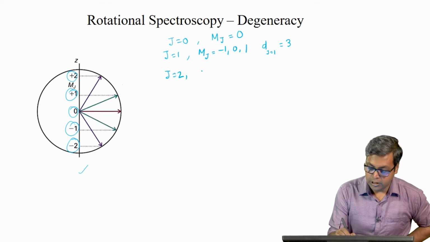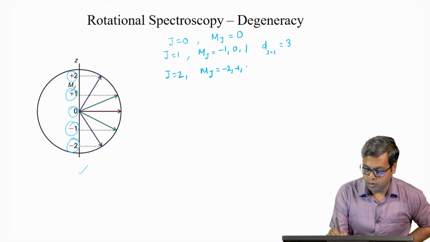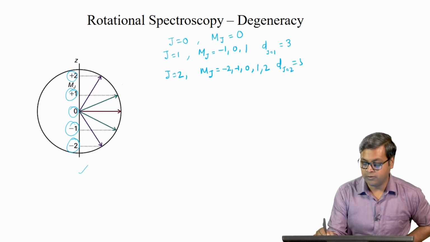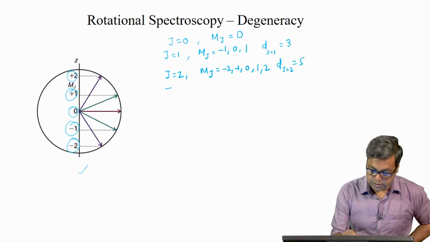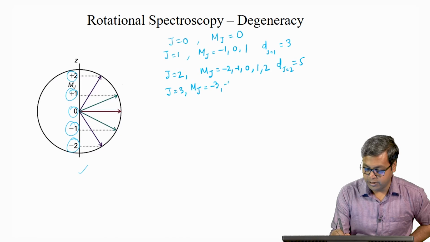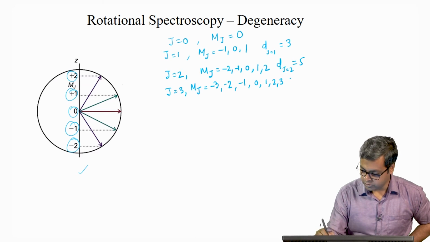For j equals 2, m_j can take values -2, -1, 0, 1, 2. So, the degeneracy for j equals 2 is 5. For j equals 3, m_j can take values of -3, -2, -1, 0, 1, 2, 3, or the degeneracy for j equals 3 is 7.